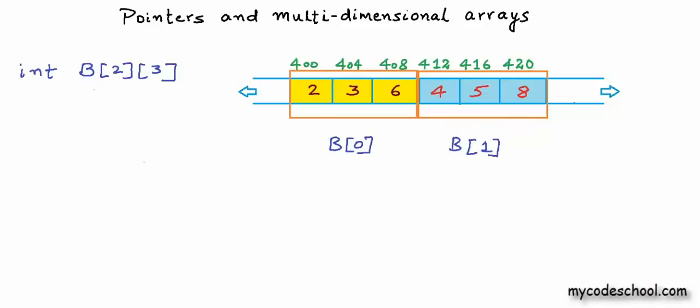So we have two one-dimensional arrays in our collection. We have two collections of 3 integers each, and everything is organized in one contiguous block of memory.